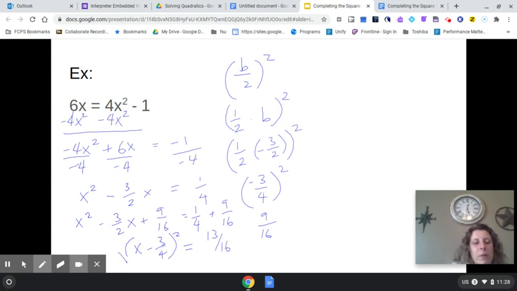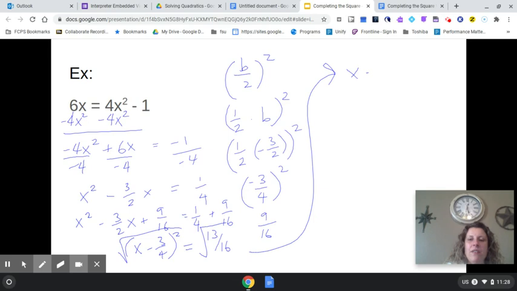Square rooting both sides, we get x minus 3/4 is equal to positive or negative root 13 over 16.